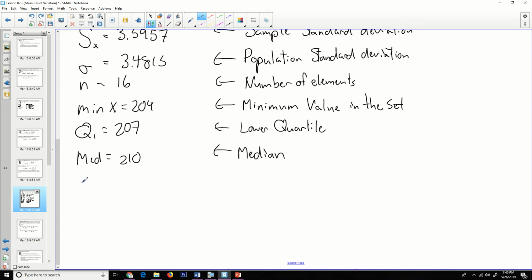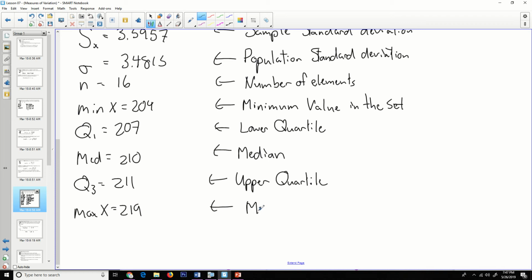Then Q3 was 211, that is our upper quartile. And then our max x, which was 219, this is the maximum value in the set.